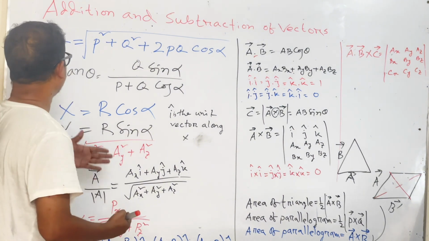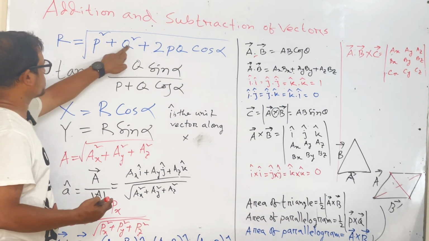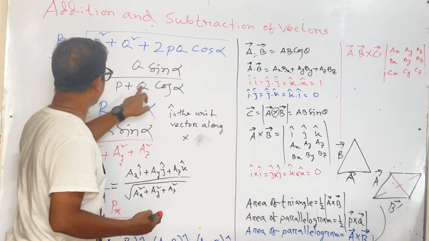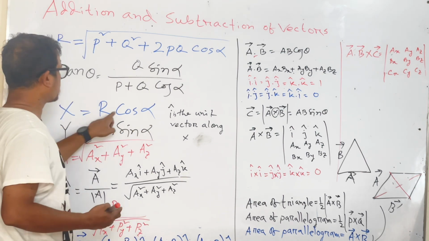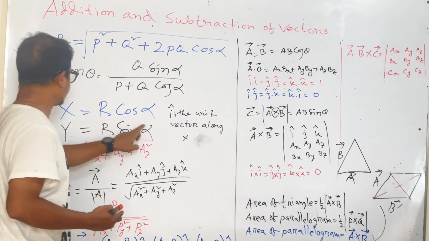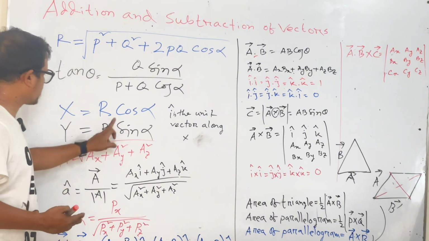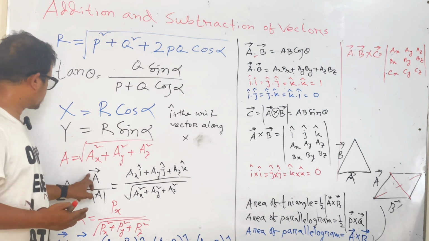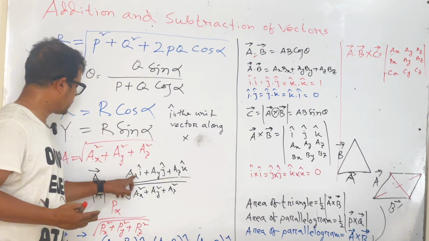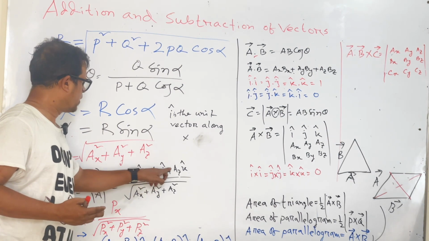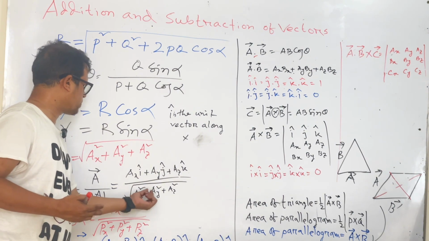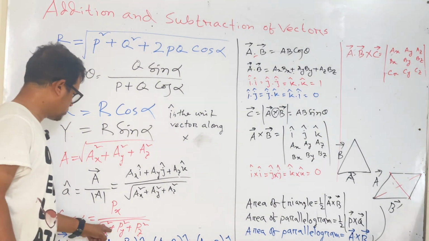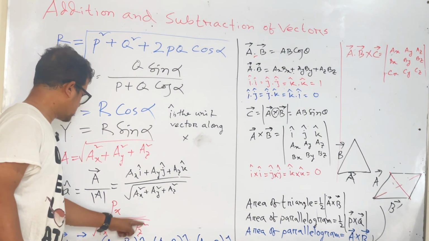Very important: the resultant R equals root of p square plus q square plus 2pq cos alpha; tan theta equals q sin alpha over p plus q cos alpha; x equals r cos alpha, y equals r sin alpha; magnitude of a equals root of ax square plus ay square plus az square; unit vector a equals vector a over its magnitude, equals ax i plus ay j plus az k over root ax square plus ay square plus az square; cos alpha equals px over root of px square plus py square plus pz square.